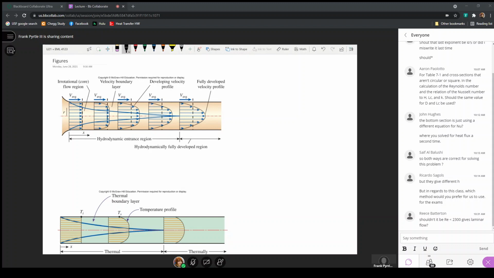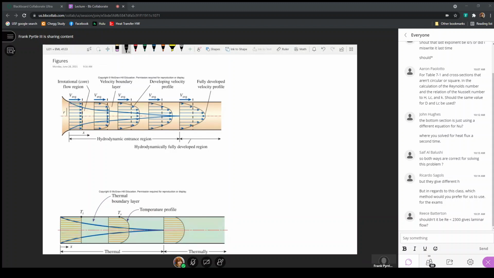At the very end, this blue line here is just the velocity boundary layer. The velocity boundary layer grows such that if I cut this along the center line, this representation would just be a thickness of that velocity boundary layer until it grows together at the center line.